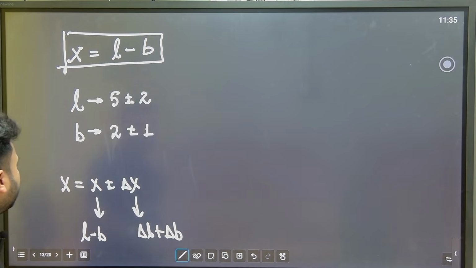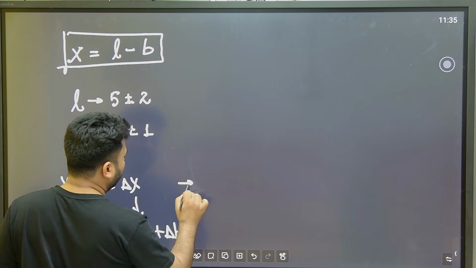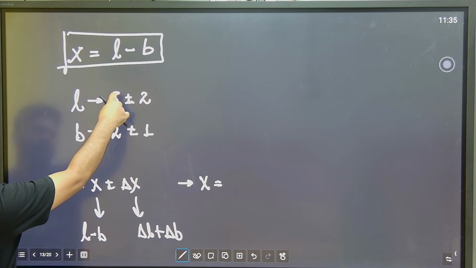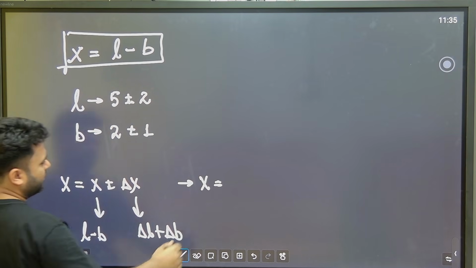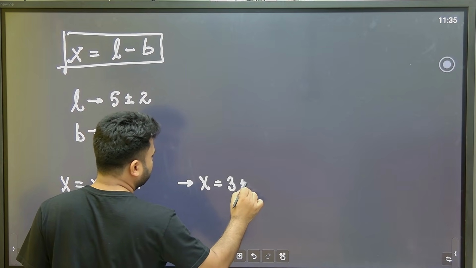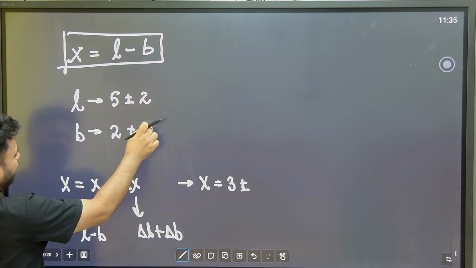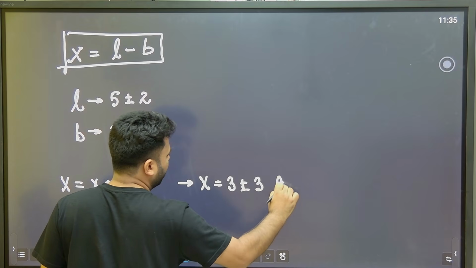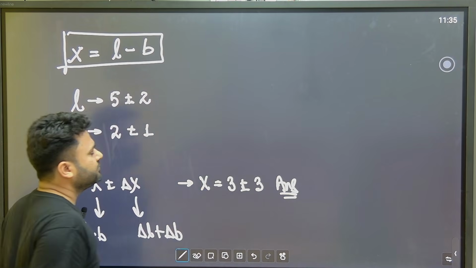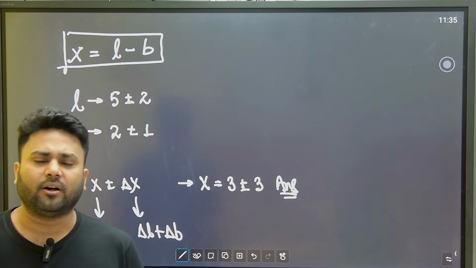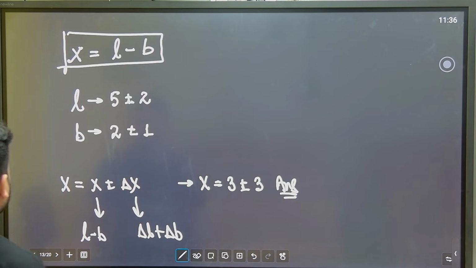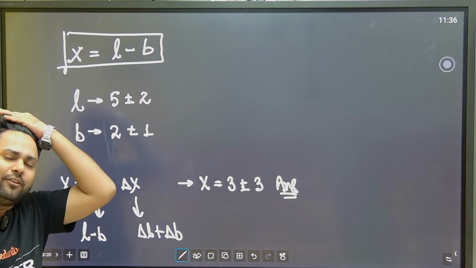So finally x will become L minus B. Length is 5, breadth is 2, so 5 minus 2 is 3, plus minus the errors added, 2 plus 1, which is 3. So this will be our answer. Correct? So this is the rule for addition or subtraction.